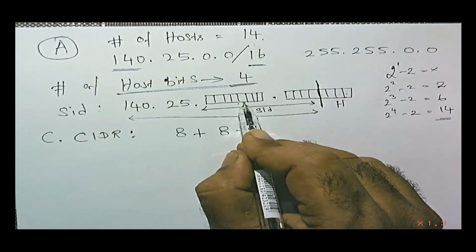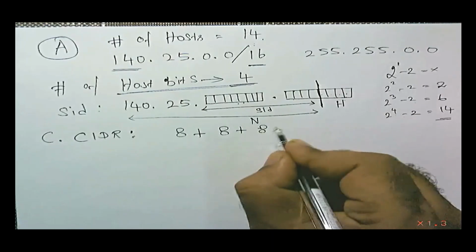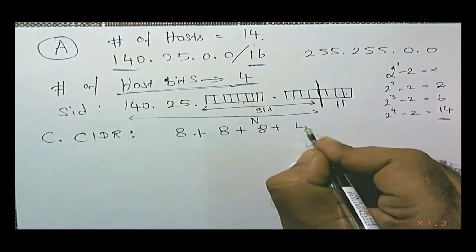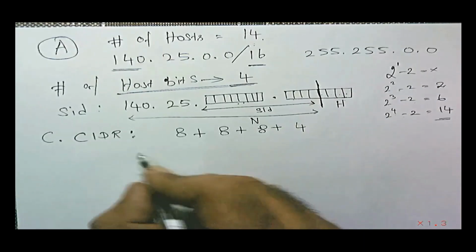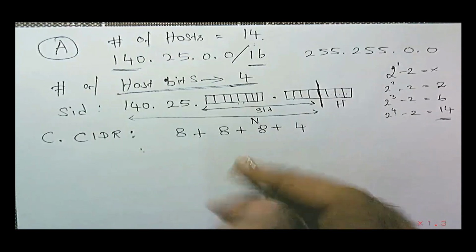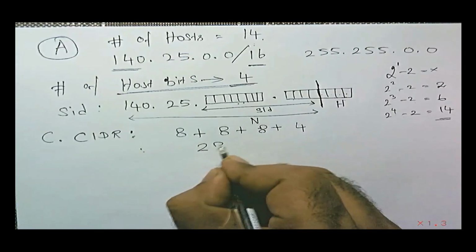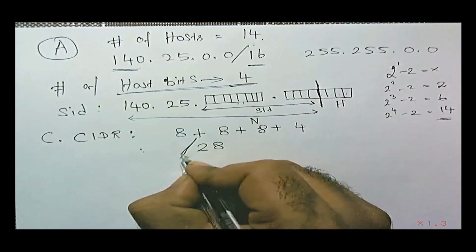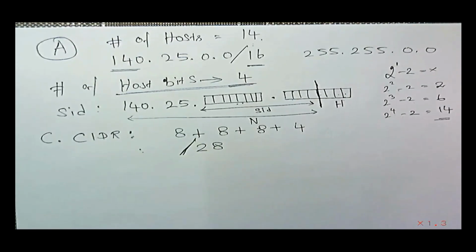The third octet completely we are going to take, so this is going to be 8. Then from here we are going to take 4 bits. So 24, 25, 26, 27, 28. Totally 28 bits are going to be in the network here. So /28 is going to be your CIDR value.